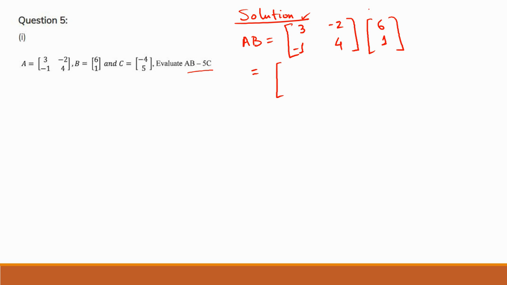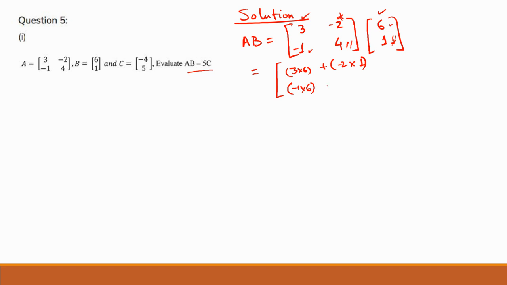You have to multiply this with this plus this with this. This will be your first element. So 3 times 6 plus minus 2 times 1. And your next element will be minus 1 times 6 plus 4 times 1.